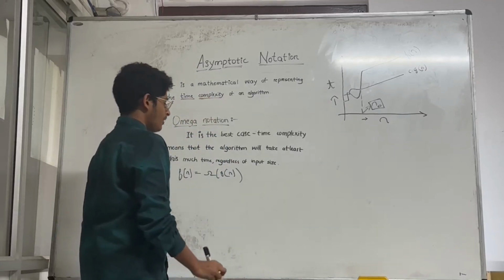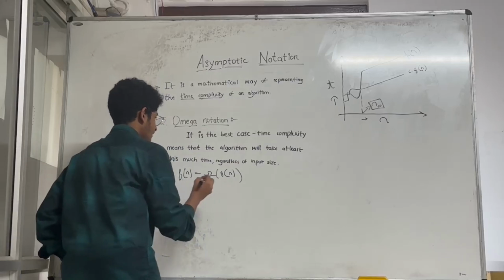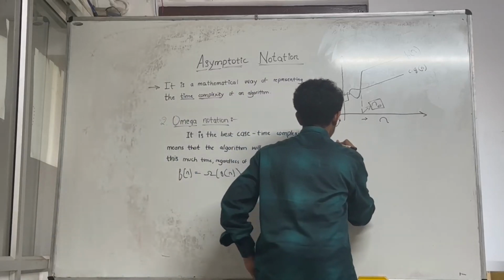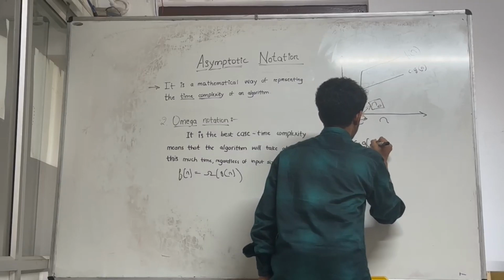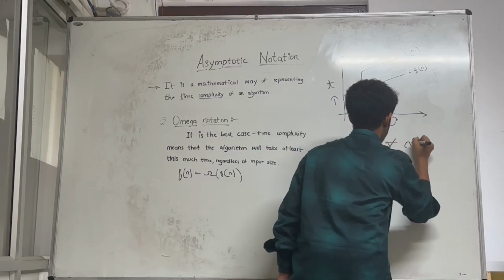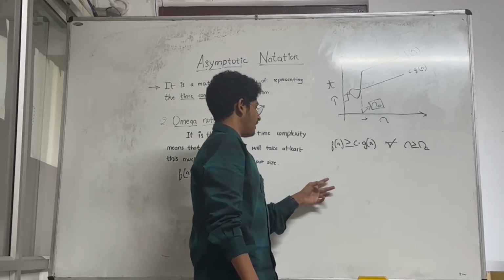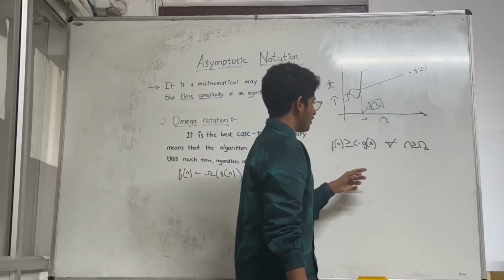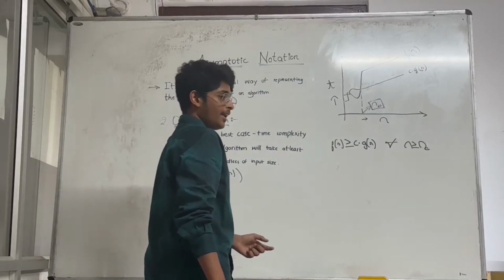Some restrictions are there for this, such that f of n should always be greater than or equal to c of g of n for all n greater than or equal to n0.